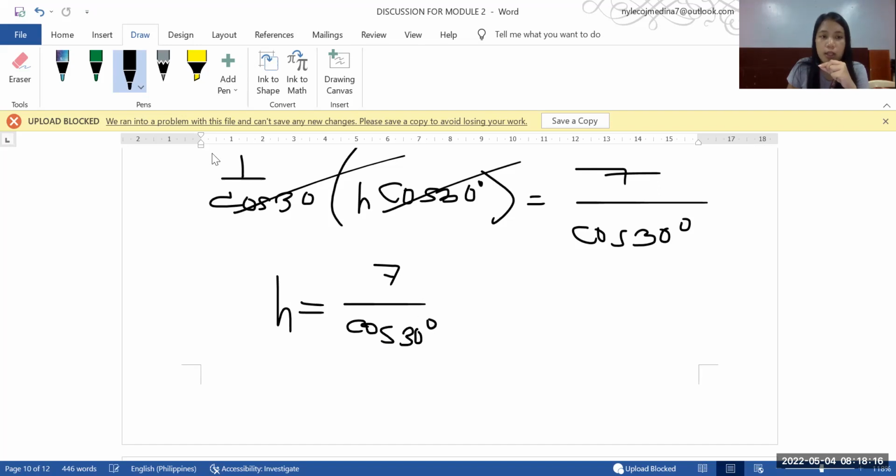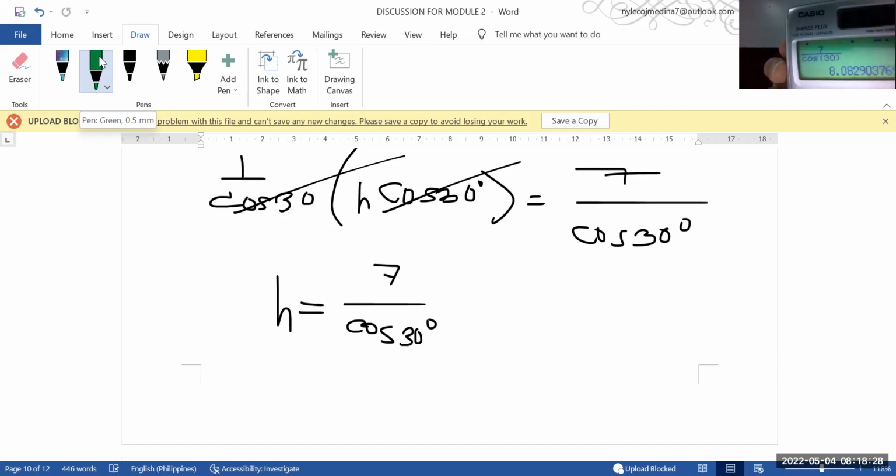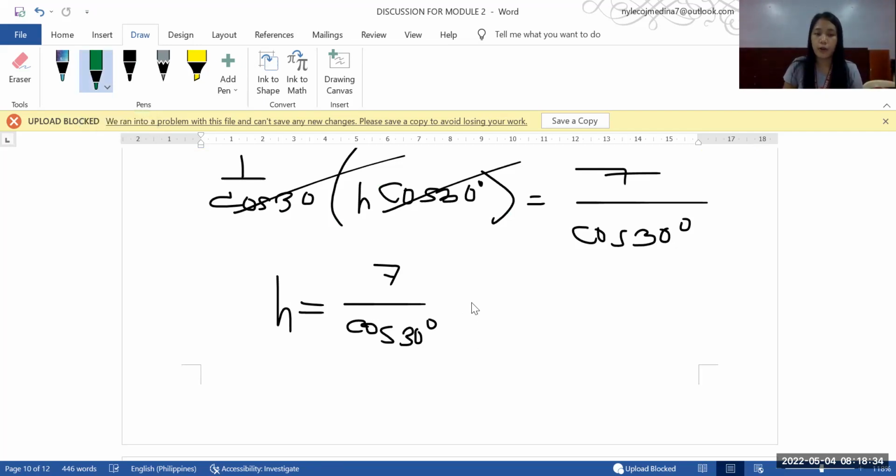Now, using your calculator, 7 over cosine 30 is equal to 8.0829, or 8.08. Therefore, H is equal to 8.08.